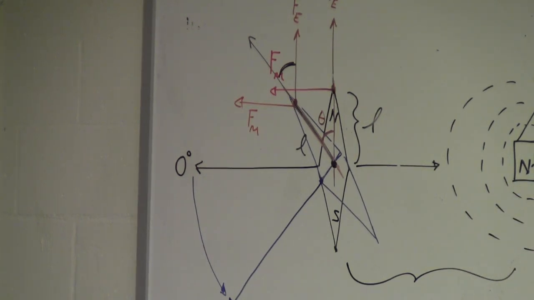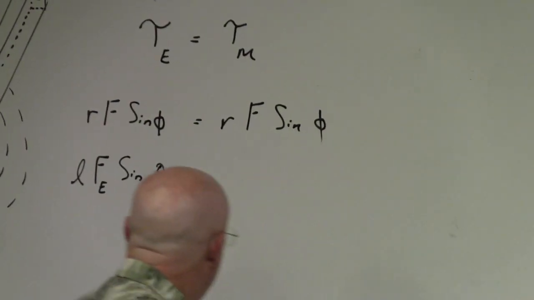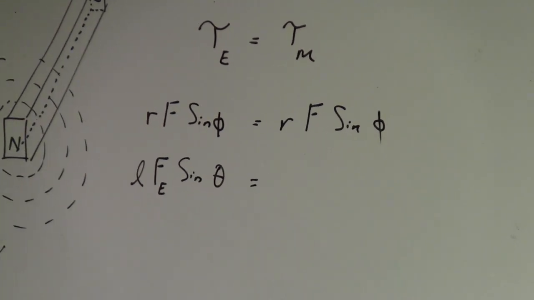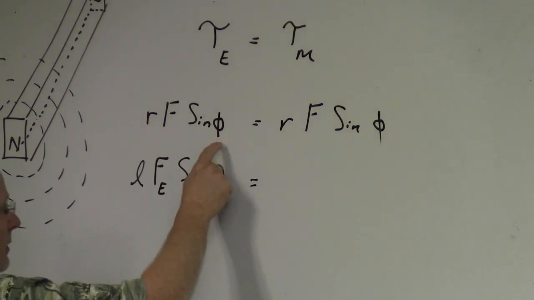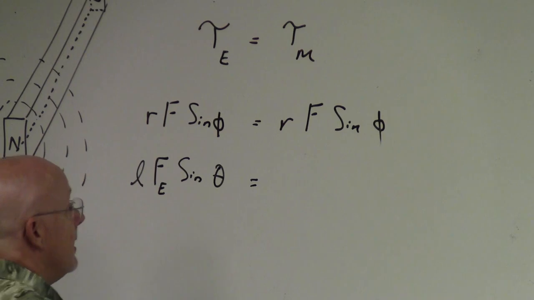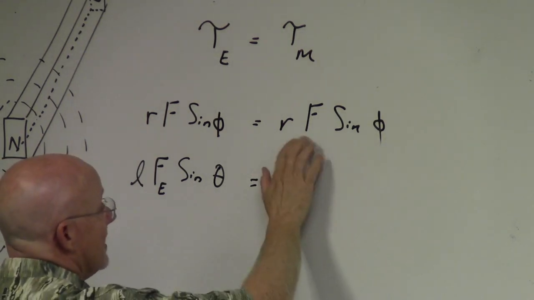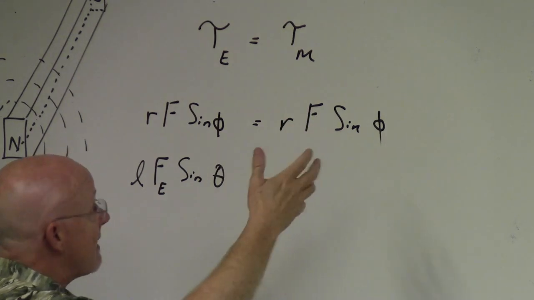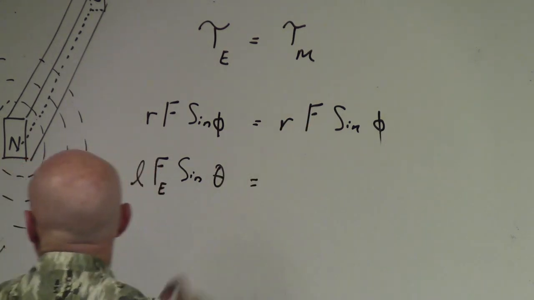So the angle phi here, coming from my just physics 121 process, would be this angle, theta. And so I'll just replace this phi with that theta. Now, the other side of this equation, this R, and this F, and this angle is all about the magnetic field and the magnetic force coming from my magnet.